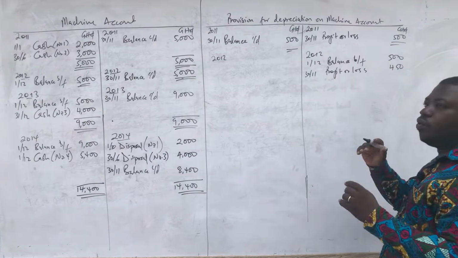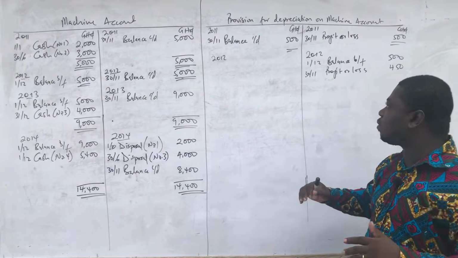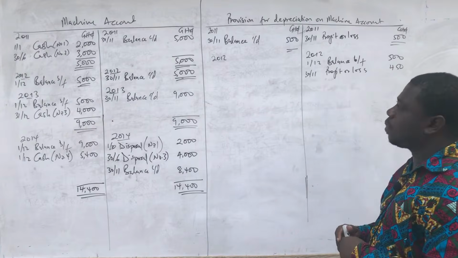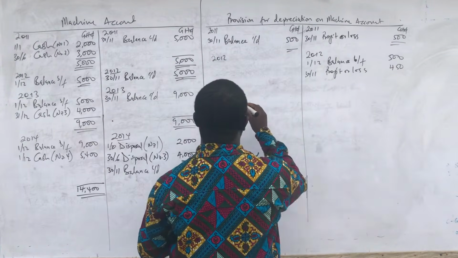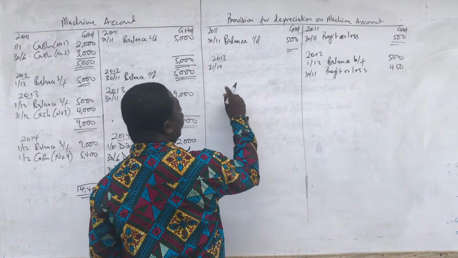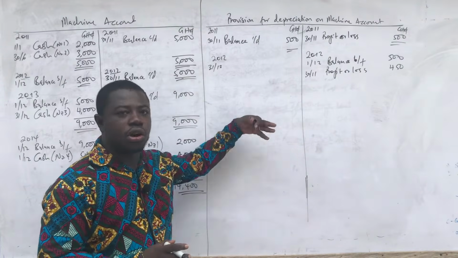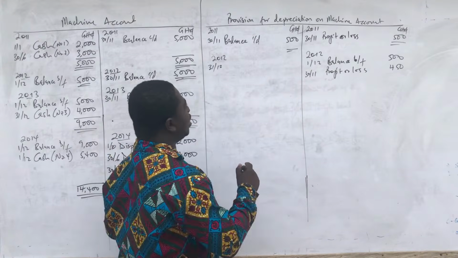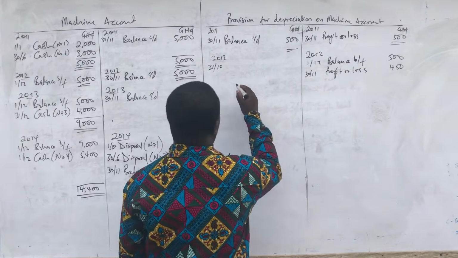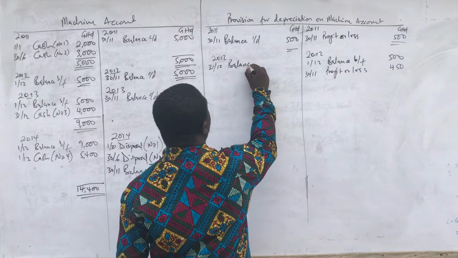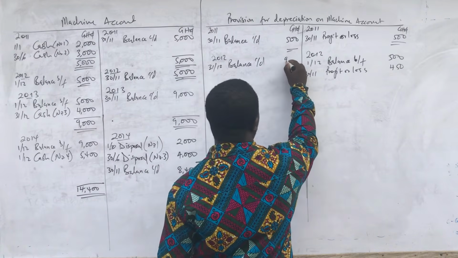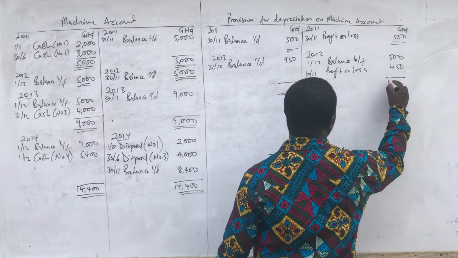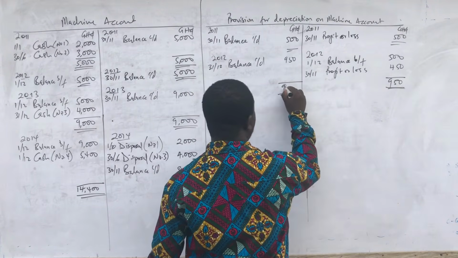And so what we do with the provision for depreciation account, like I taught you in the previous video, is that we just accumulate. All right, so we'll come to the last day of the year. Once there is no disposal, we'll just continue accumulating. But when we get to a year where there is disposal, we'll remove the accumulated depreciation of the assets. All right, so we'll say balance carried down, and then the amount will be 950 because that will be the total for the two figures.